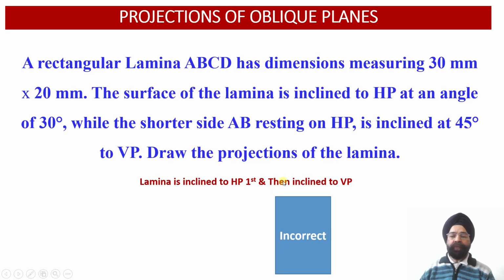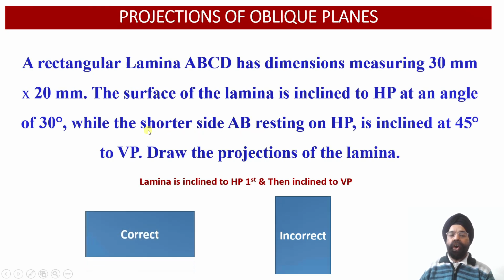So either I have to tilt it like this or I have to tilt this lamina like this. Either way around, the lamina will be resting onto the ground on the longer edge, which does not satisfy the condition that it rests onto the horizontal plane on its shorter side.